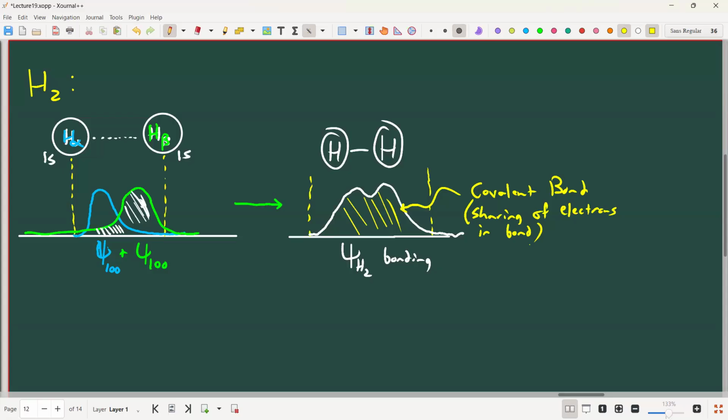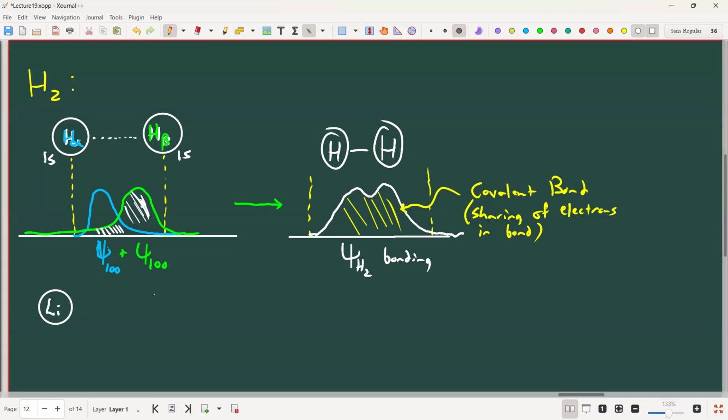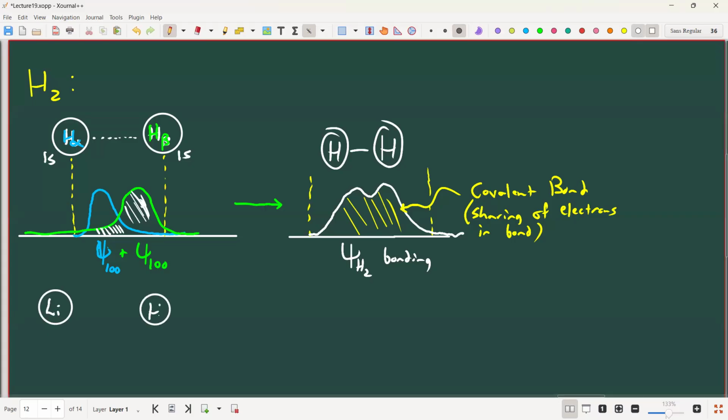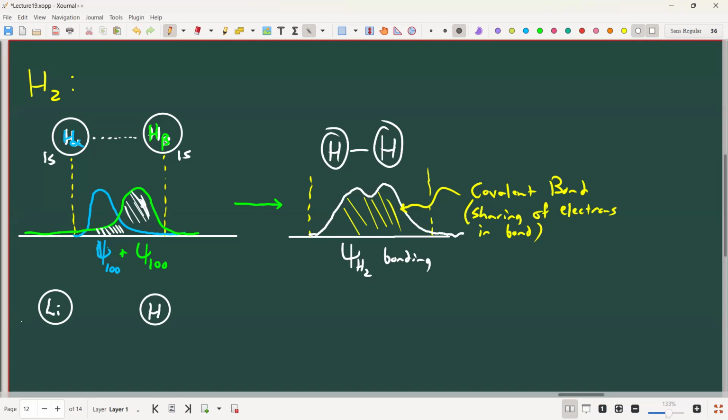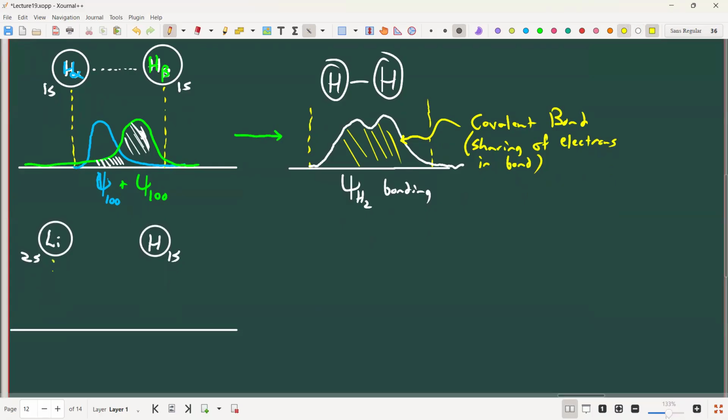What if we do a 2s plus a 1s? Let's say lithium. Lithium would be 2s1. So what if we take lithium and we take hydrogen, where lithium is in the 2s orbital, and this is in the 1s orbital. So let's go ahead and do the same thing.